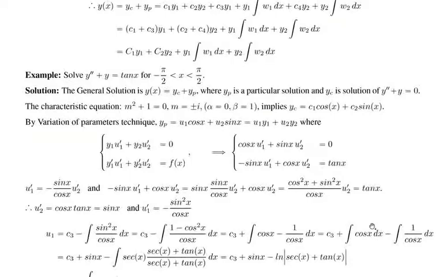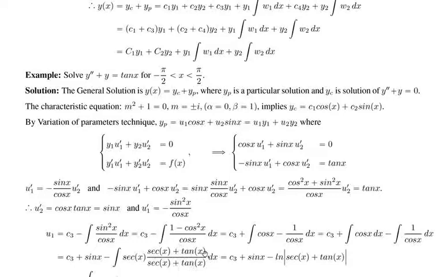Now this antiderivative, we know it's sine x. This 1 over cosine x is actually nothing but secant x. Its antiderivative is not trivial, but the trick is to multiply and divide by secant x plus tan x. Why are we doing so?